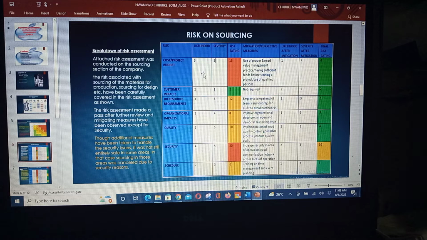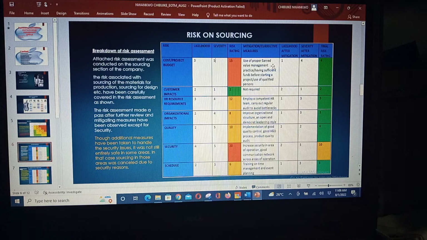Somehow moderate, but it's high. So if you look at the 3 and 5, that gives you 15, and that is a very high risk. Very high risk simply means that we cannot carry out that operation until the mitigating measures, as outlined here, are followed. What are the mitigating measures?